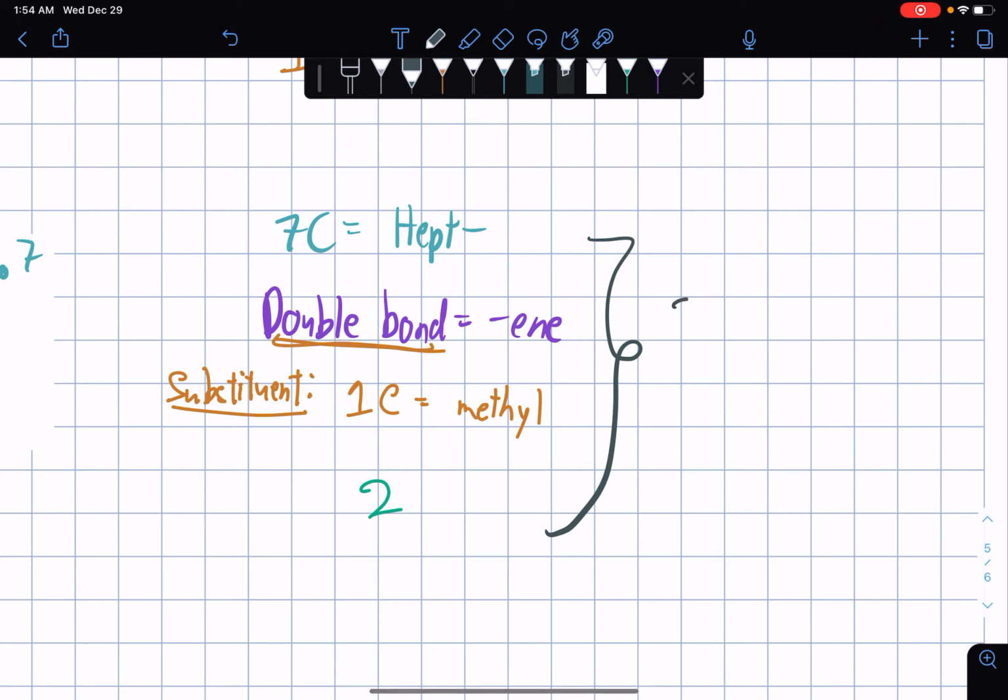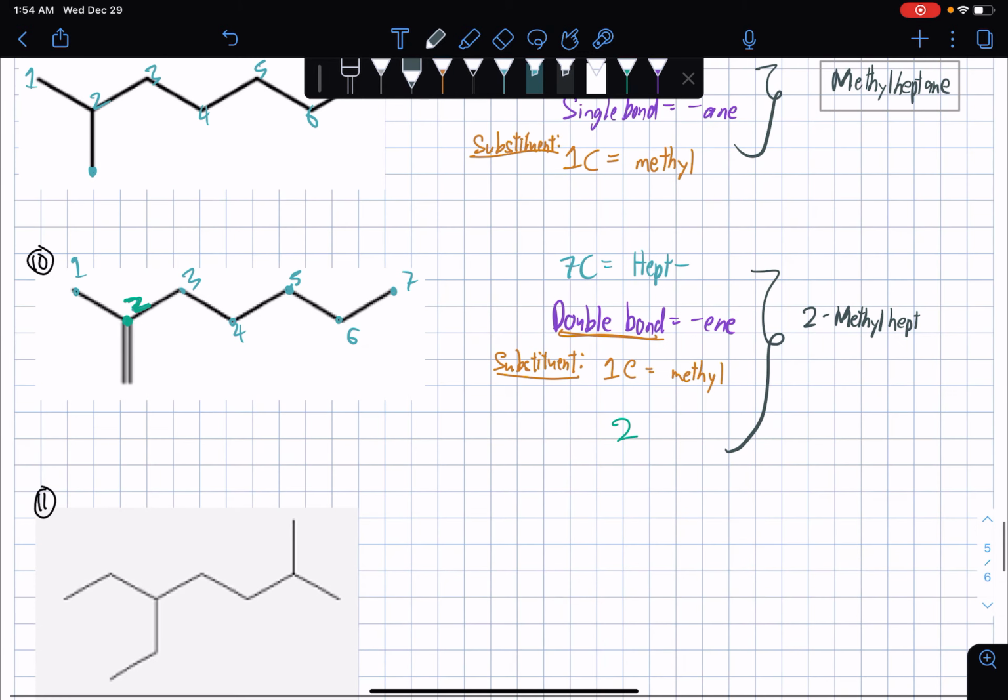We first place number 2, then place a dash, 2-methyl, then place hept, then hept-1-ene.